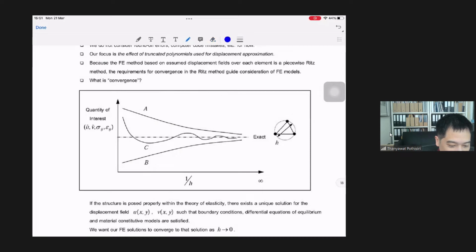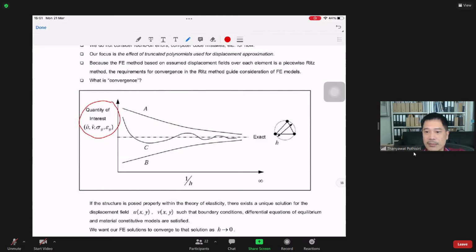You would see that people would plot the quantity of interest here. So if you are interested in, for example, the displacement at certain places, or if you are interested in stress or strain at a particular location, you can observe those values. And then you can keep refining your mesh until you see that your quantity of interest converges to a certain value.